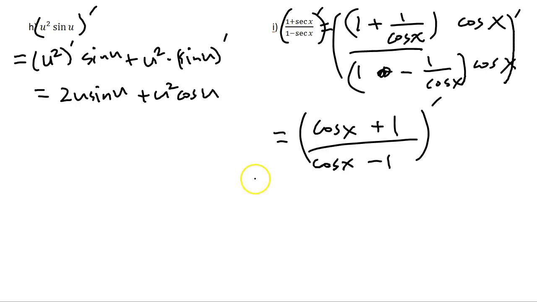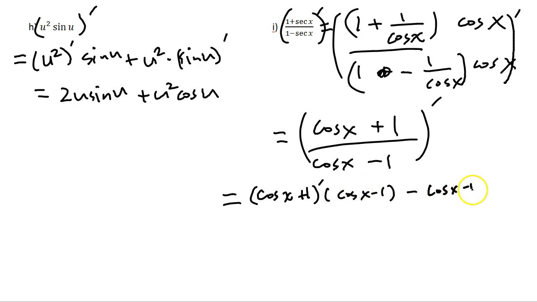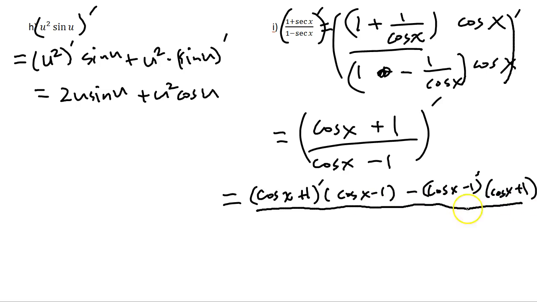So if I were to differentiate this, it's the derivative of the top times the bottom, minus the derivative of the bottom times the top, over the bottom squared. So this is minus.